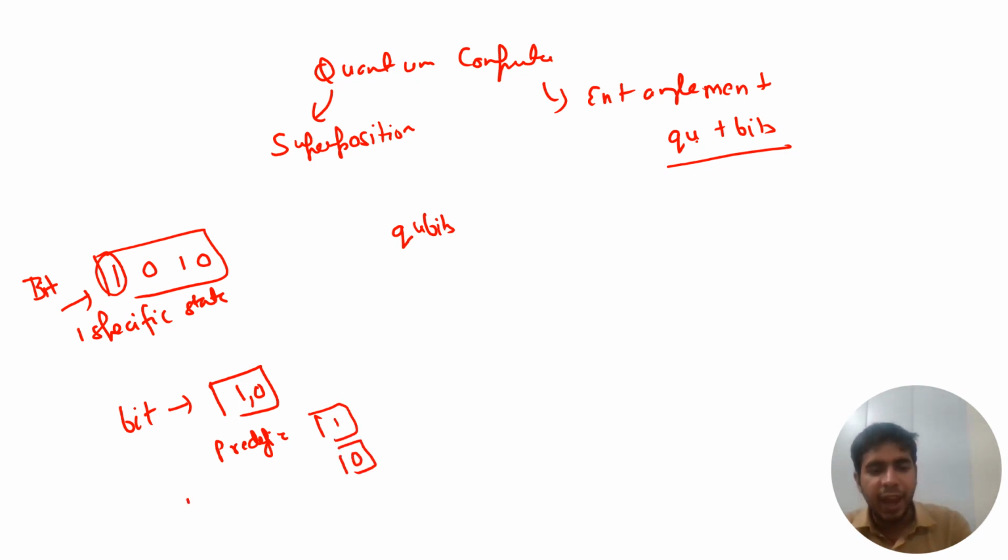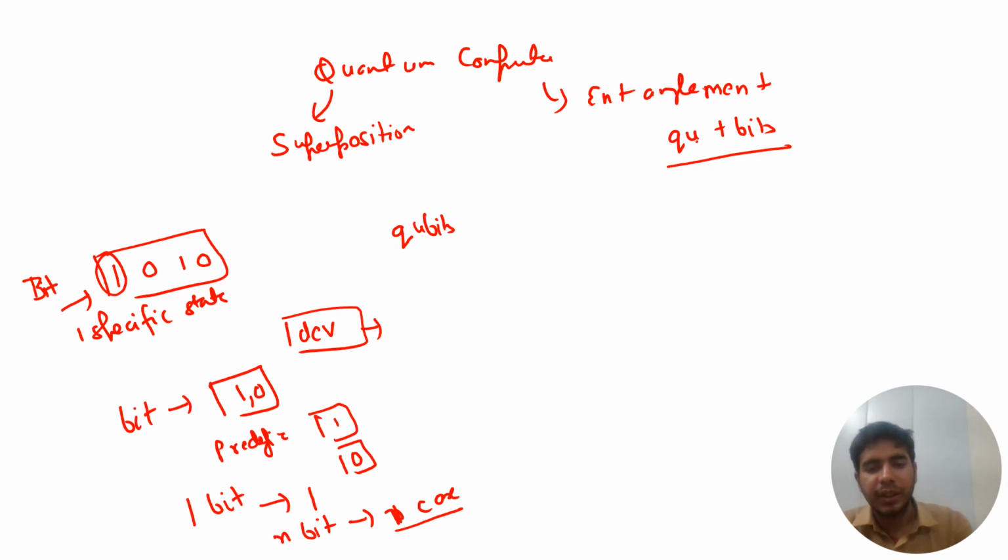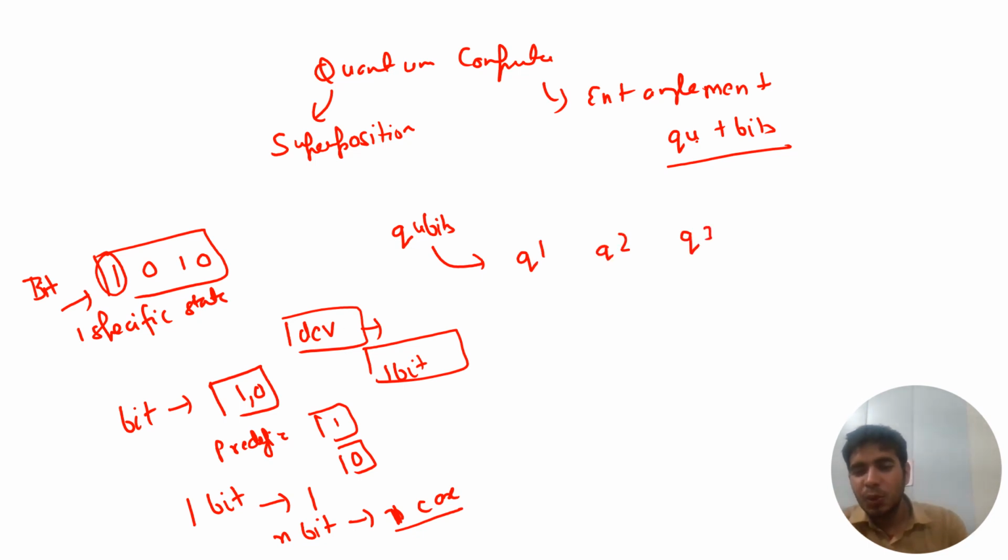So here, one bit represents one state only, or I should say n bits represent one case only. Suppose my name Dave can be written as a combination of bits. But in qubits, suppose I have qubits Q1, Q2, Q3, there is no need to initialize that it has to be 1 or 0.